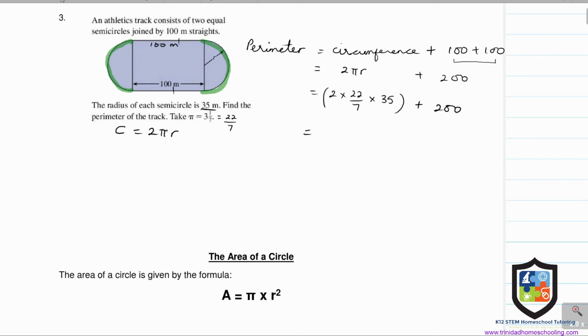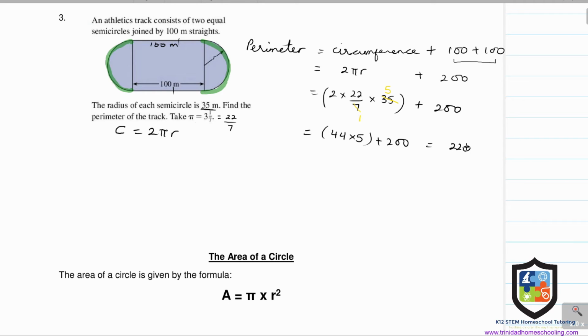So let's see what we can simplify here. This 7 divided by 7 is 1. 35 divided by 7 is 5. And then we could multiply 22 by 2 is 44 multiplied by 5 plus this 200.